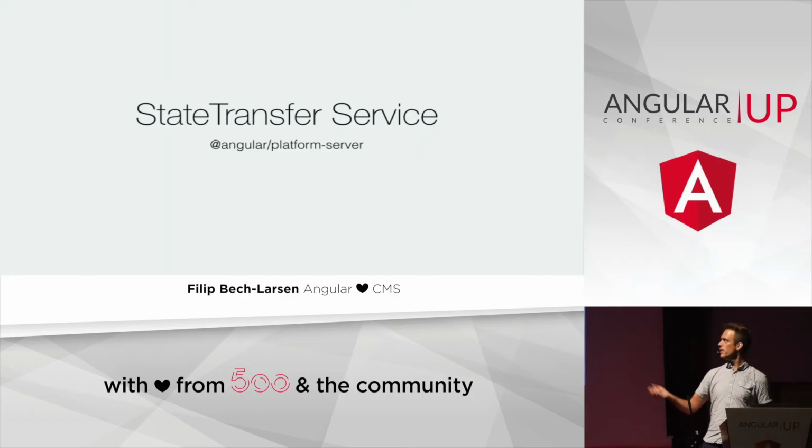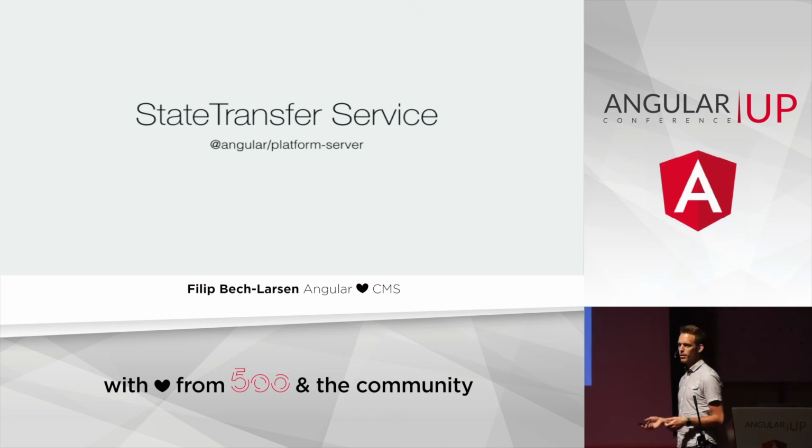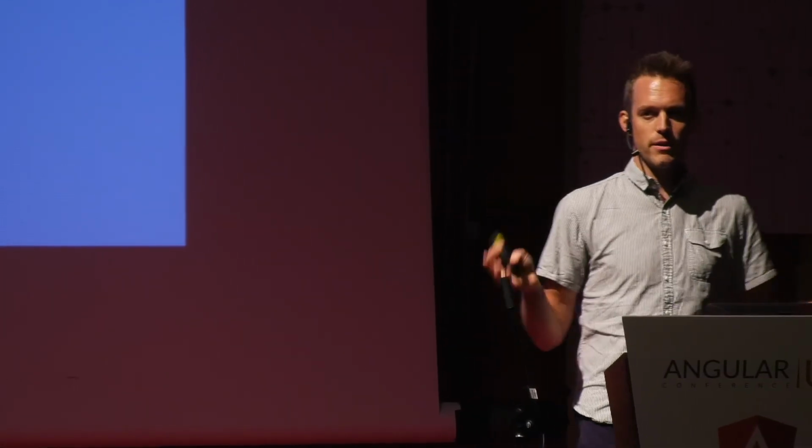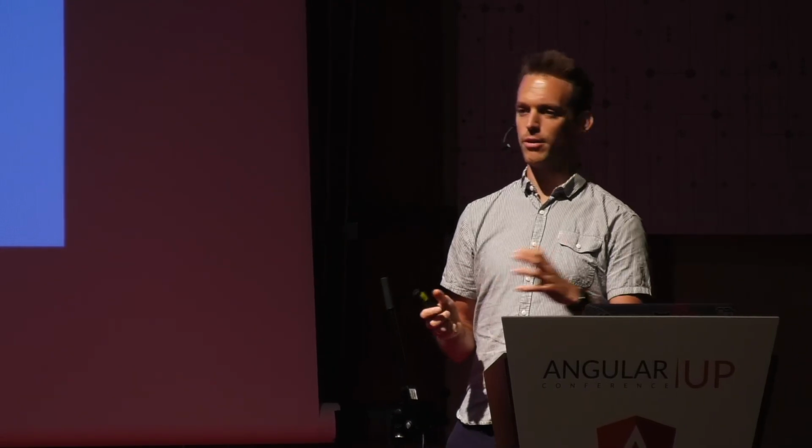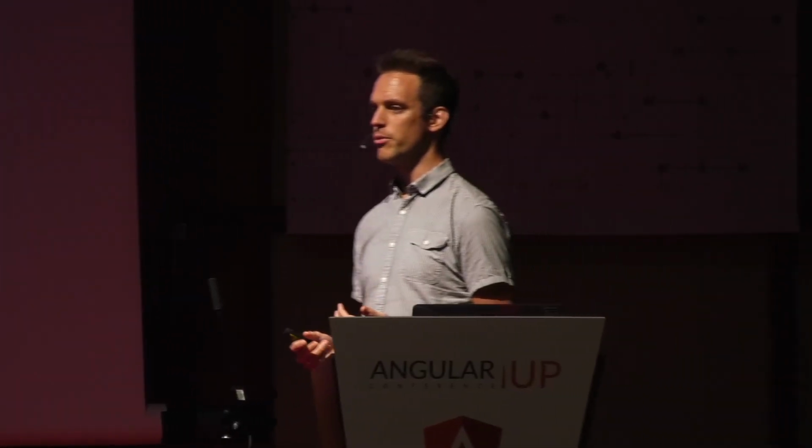So if you're doing it today, it's just at Angular Platform Server, and there's a State Transfer Service, which you can think of as more or less just a cache that you can put data in and read data from, and that will take care of restoring the cache from the cache that was on the server. So the initial page, or all the initial math that the server does, doesn't have to be redone on the client side.